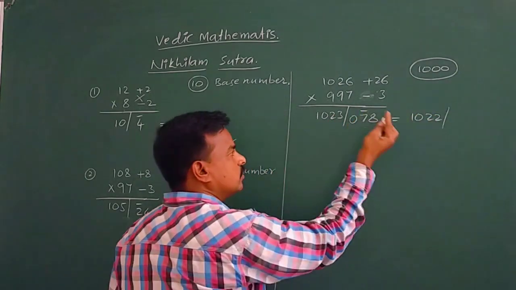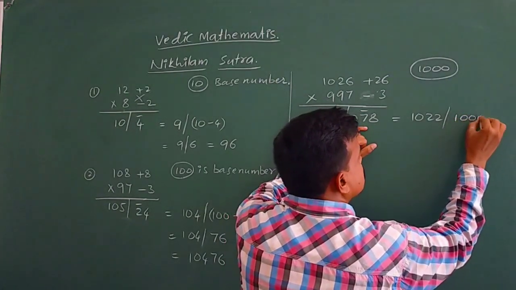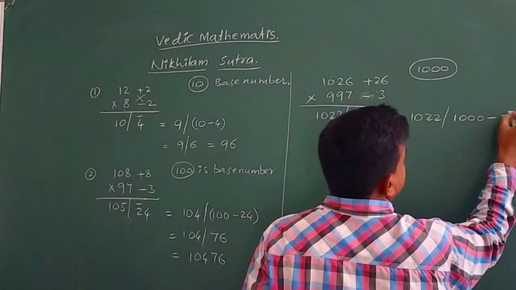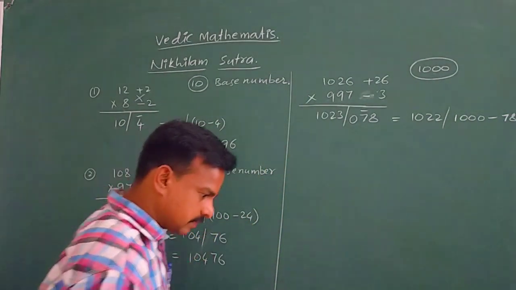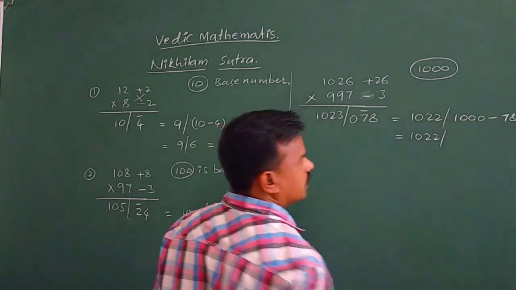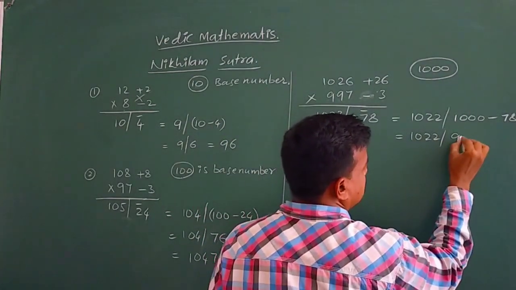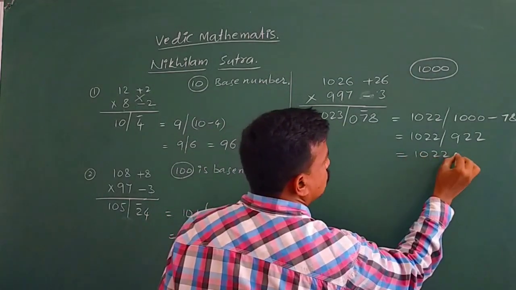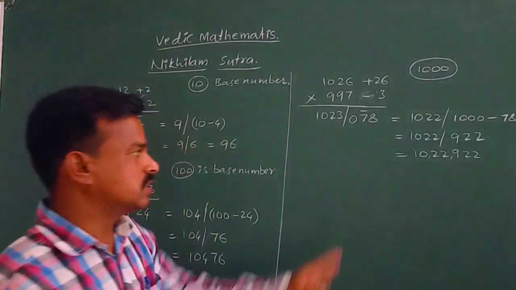And if you transfer this 1 to the right side portion, 1000 will come, that means this base number, minus 78. 078 or 78, both are the same. So it is equal to 1022, and 1000 minus 78 is 922. So the answer is 1022922, that is 10,22,922.